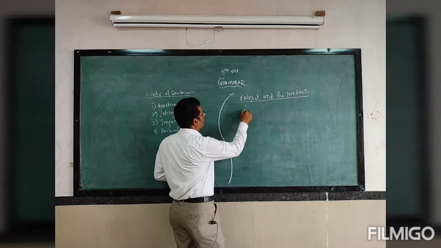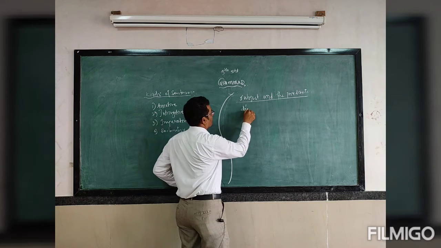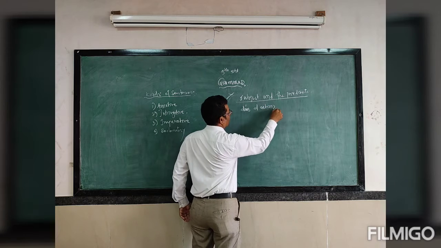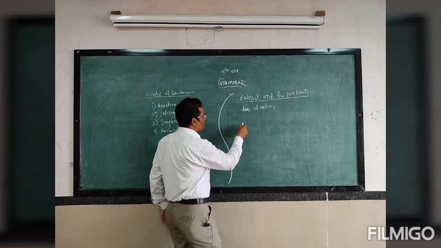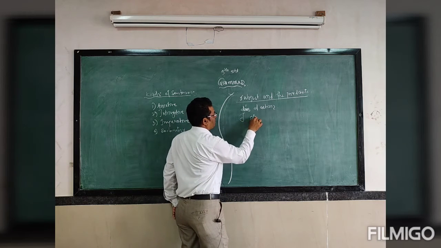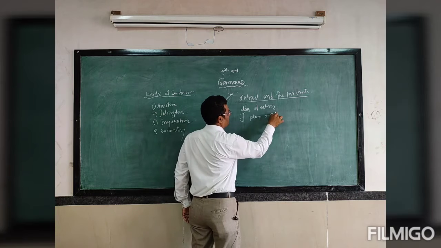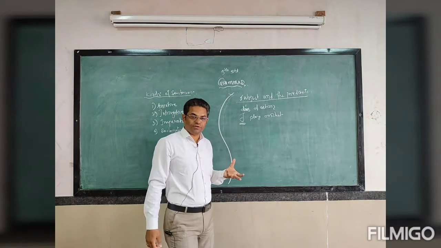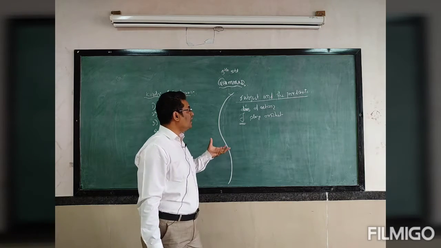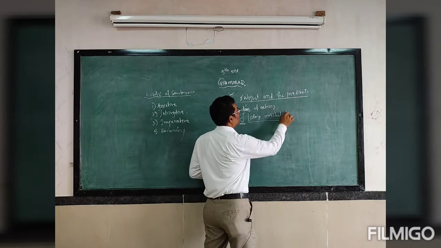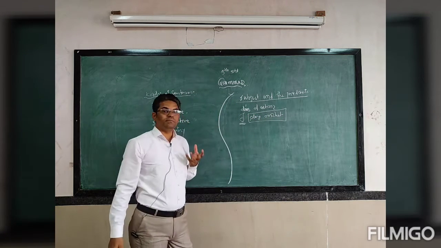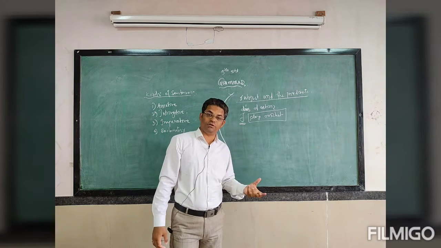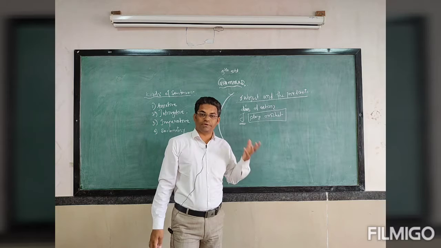Subject is the doer of the action. I play cricket. Who is playing cricket? I. So that is the doer of the action. So I is the subject and the remaining whole part is the predicate. Predicate is the part which tells more information about the subject, that is called predicate.